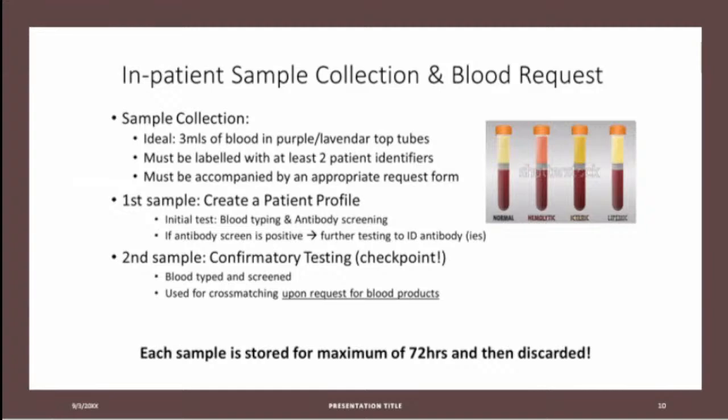So let's look at the first sample and the second sample requirements that we ask for physicians to provide for patients. And what does this mean? So we call this the two-sample rule.